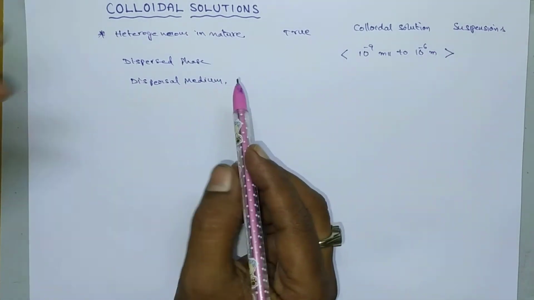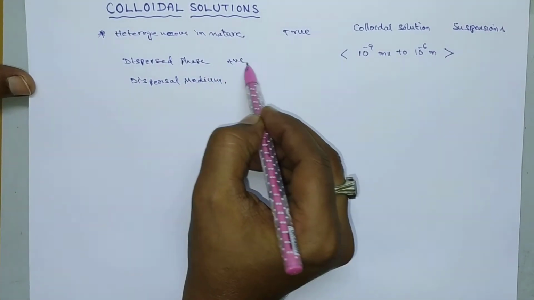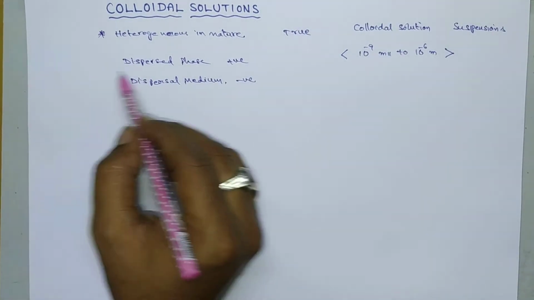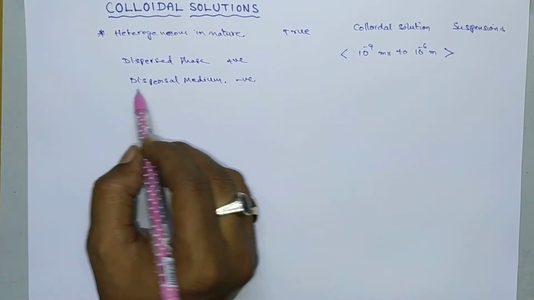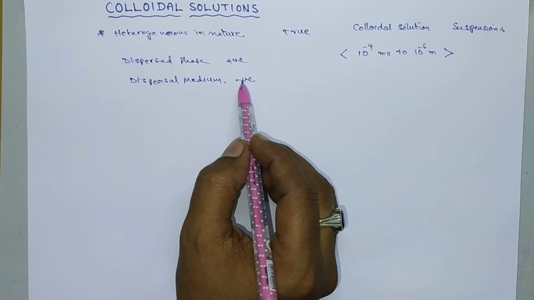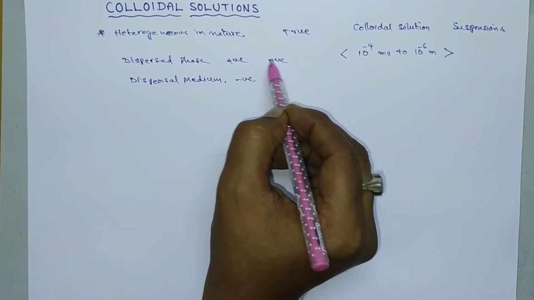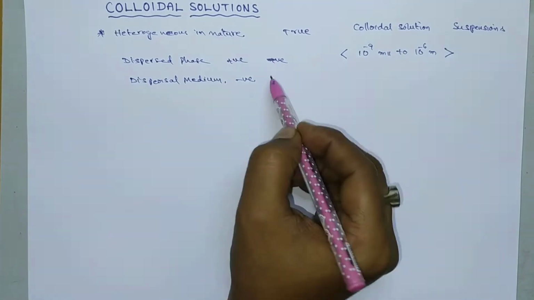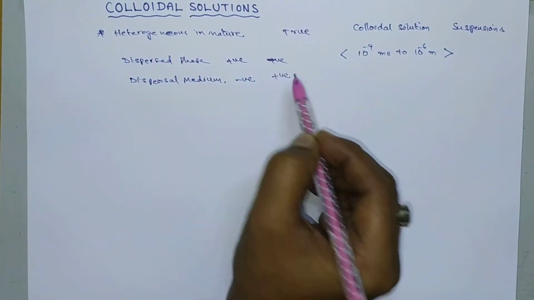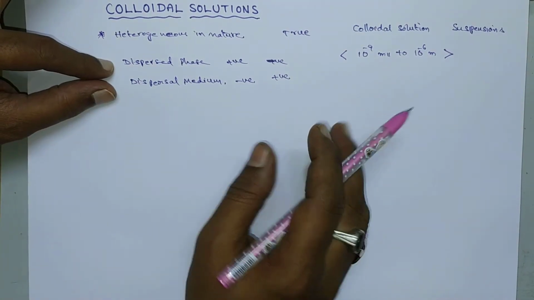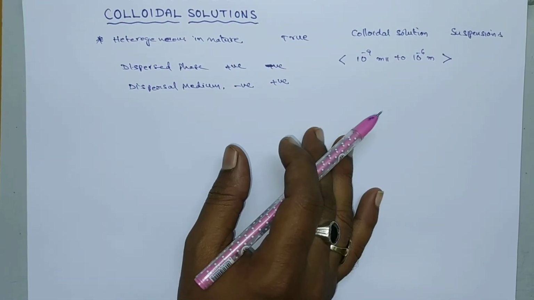If the dispersed phase exhibits positive charge, then the dispersal medium will exhibit negative charge. Suppose the dispersed phase exhibits negative charge, then the dispersal medium will exhibit positive charge. That means the dispersed phase and the dispersal medium exhibit equal and opposite charges.